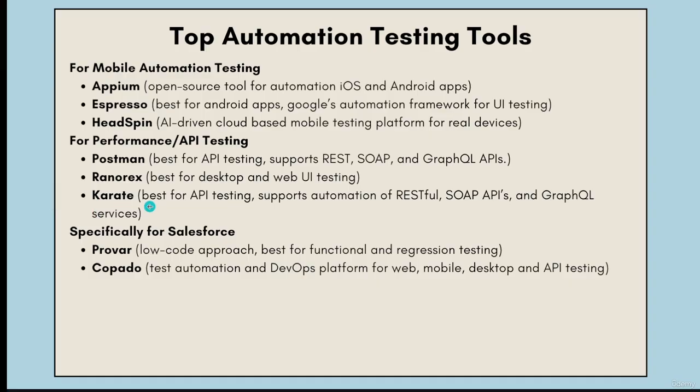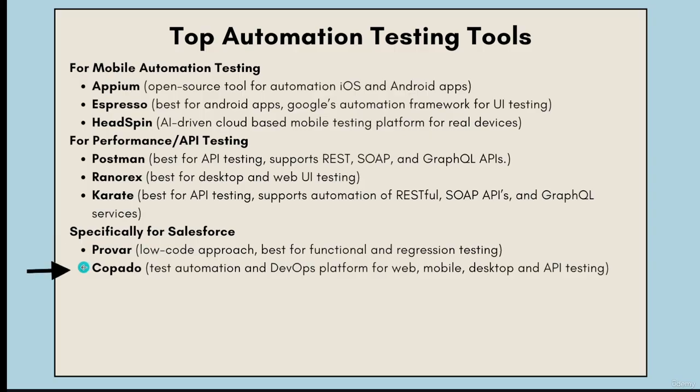So here we have a couple that are Salesforce. One's called Provar. This one's a low-code approach. It's best for functional and regression test automation for Salesforce applications. It's commercial, it's paid for. It supports no-code and low-code automation.